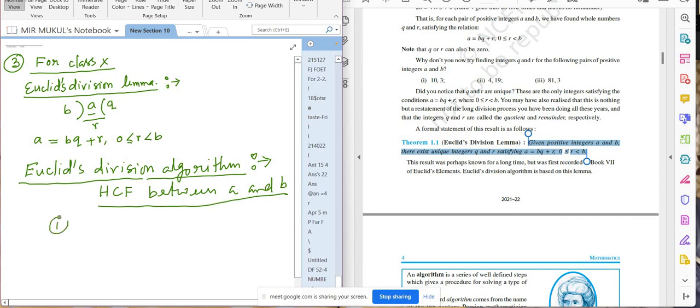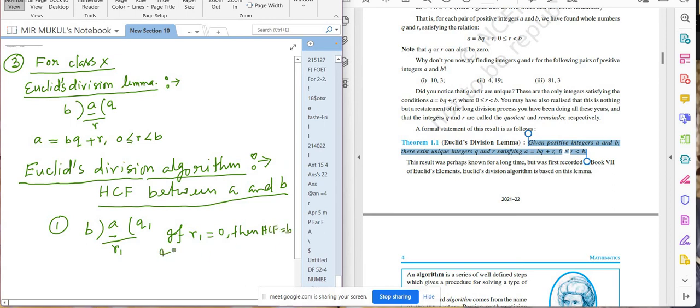Suppose in step 1, if you divide A by B, then we get suppose Q1, and after division we got R1. If R1 equals 0, then HCF will be B.